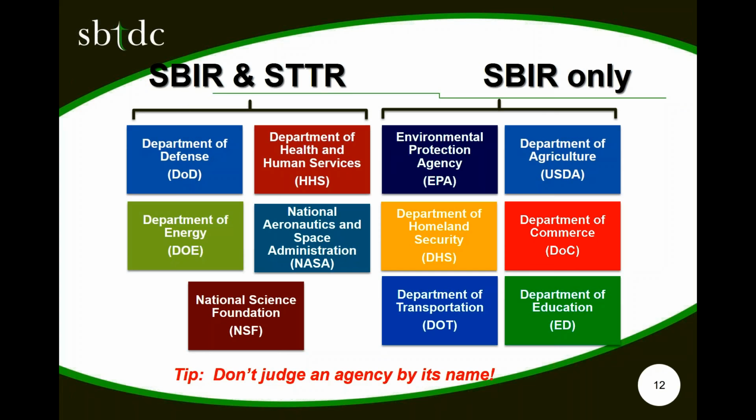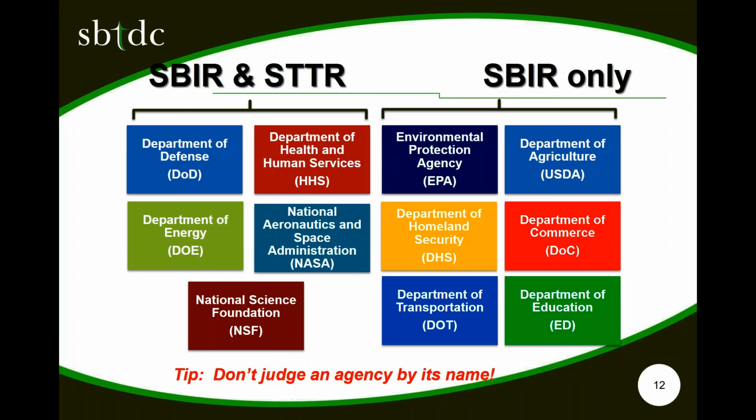You can see, simply based on the names of the agencies, that there is going to be a significant array of technical and R&D interests among all of these agencies. And even more interestingly, as you delve into each of these 11 agencies, there's an extremely broad area of interest within each individual agency.